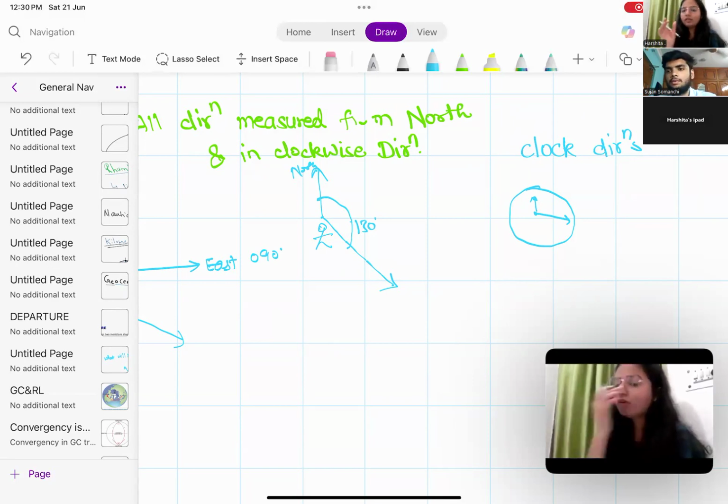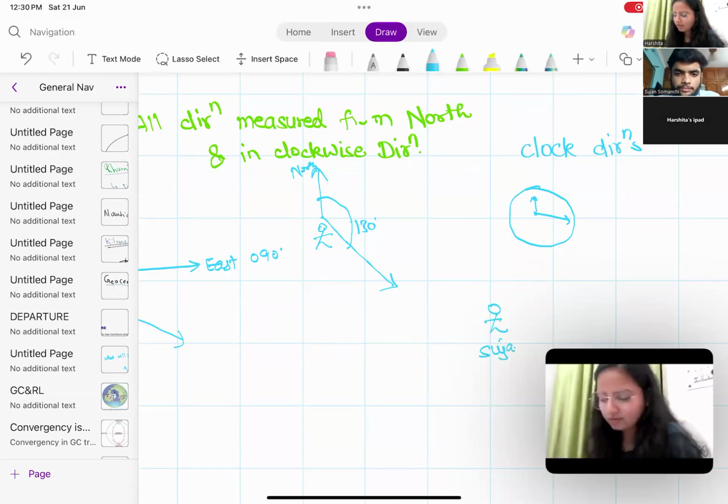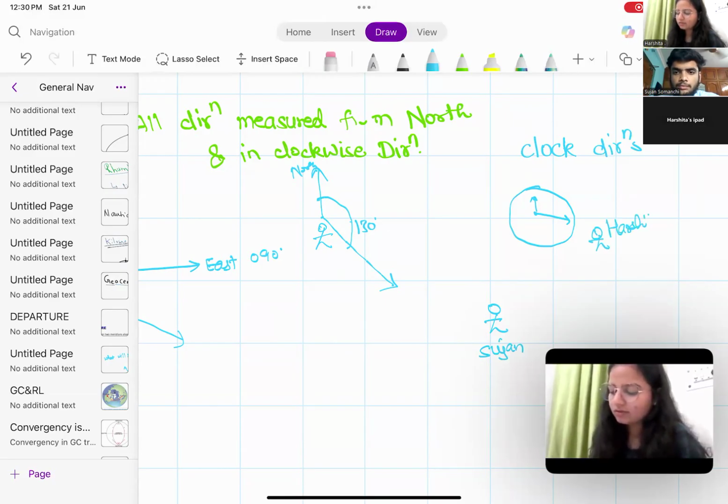Now, if you have to tell your position to someone, generally used in militaries, how do they tell direction? This is Sujan here. This is Harshita here. If I contact you, okay, Sujan, can you see me?